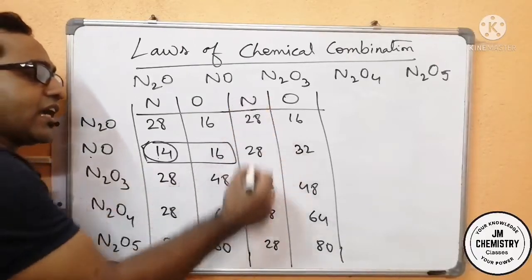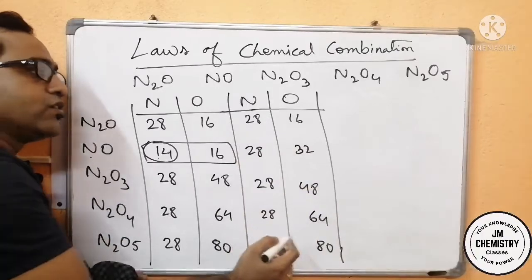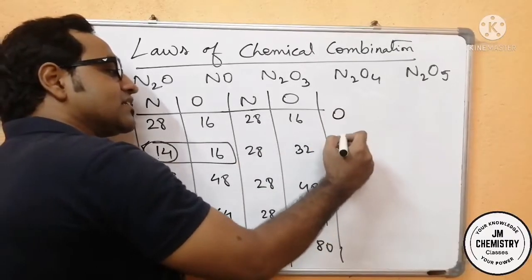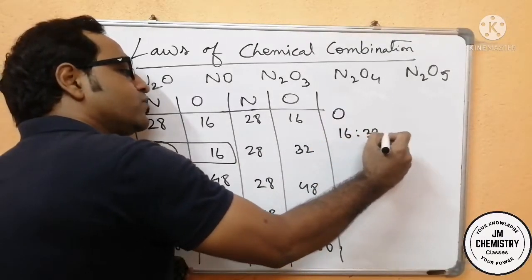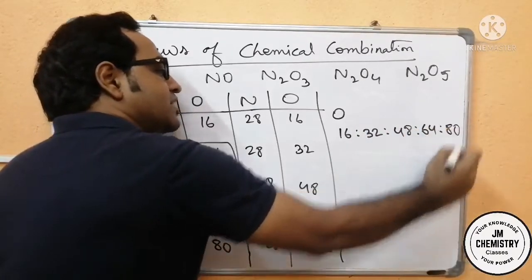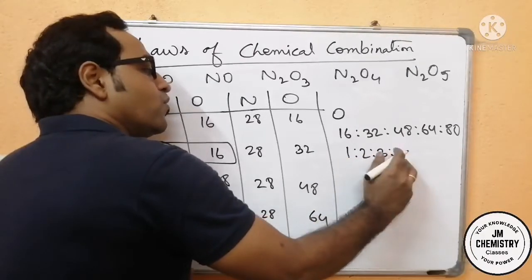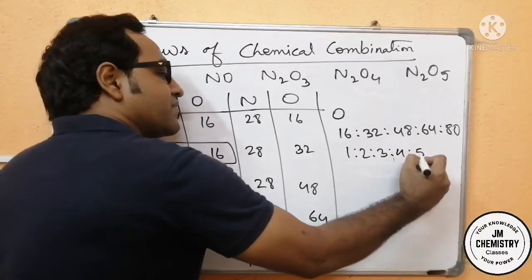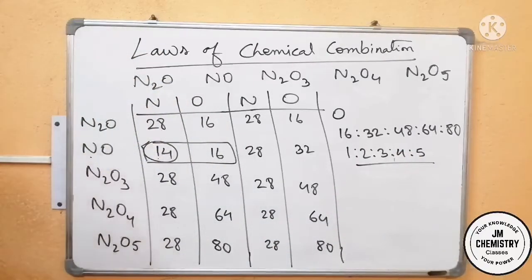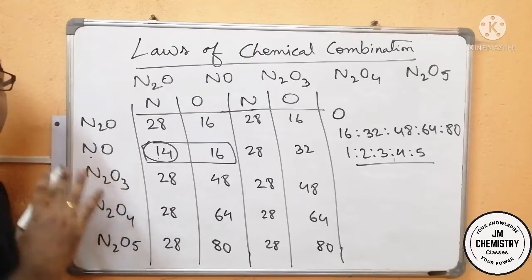So the amount of nitrogen is fixed and the amount of oxygen is varying. The ratio of oxygen is 16:32:48:64:80, which is in the ratio 1:2:3:4:5. So they bear a simple whole number ratio. This is called the law of multiple proportion. Hope this is completely clear to you.